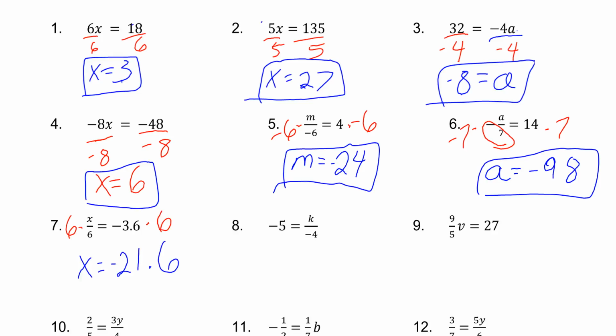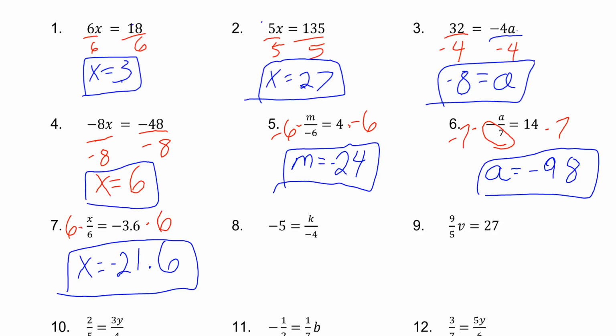Now if you really wanted to, you could take that negative 21.6, divide it by 6, and check to see if you get negative 36. If you don't, you need to go back and double check and figure out what you did wrong. That's the most important part of this whole thing, being able to check your answers and say, this isn't right, something's wrong here, I need to fix it.